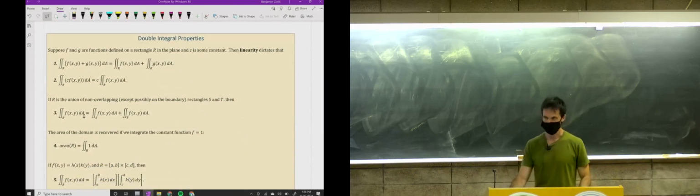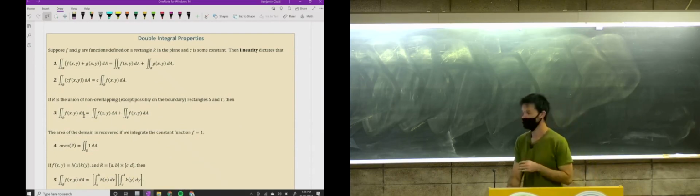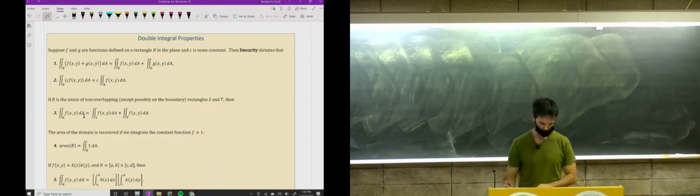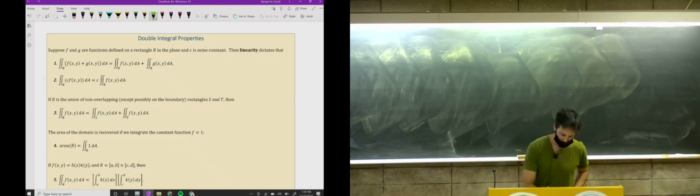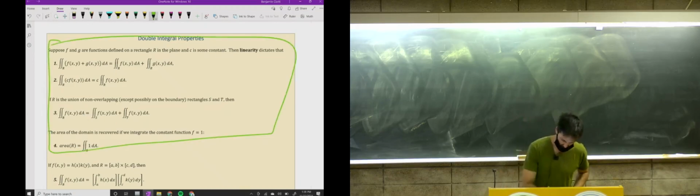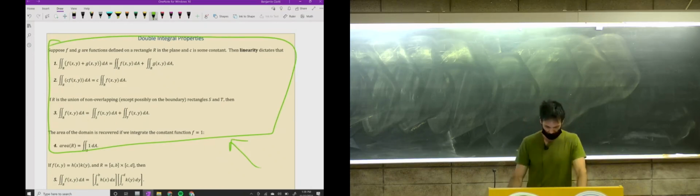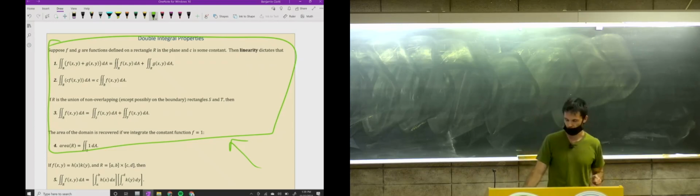There's a bunch of properties here. Most of them will look familiar. Most of them are just what you would hope is true. All but the last one. So these first 4 are all also going to apply once we learn about integrals over more general regions in section 5.2.